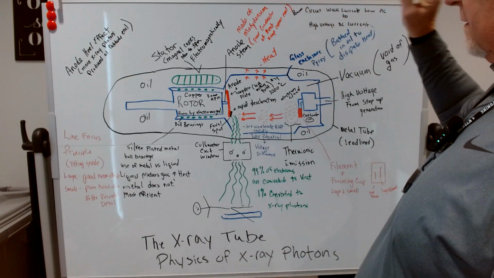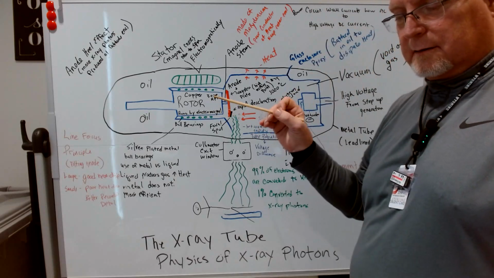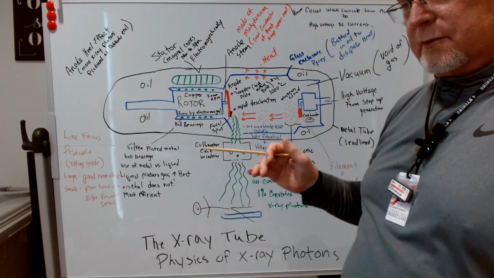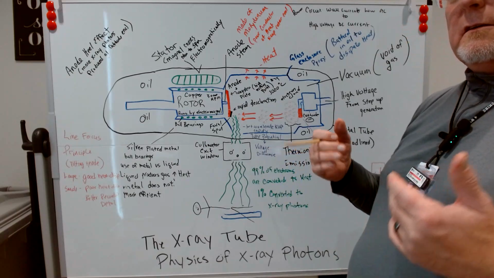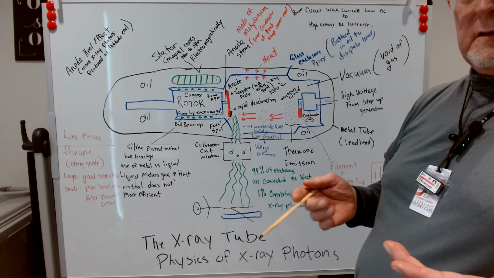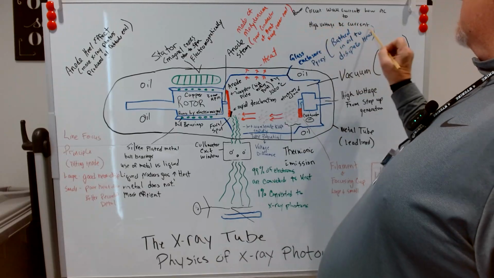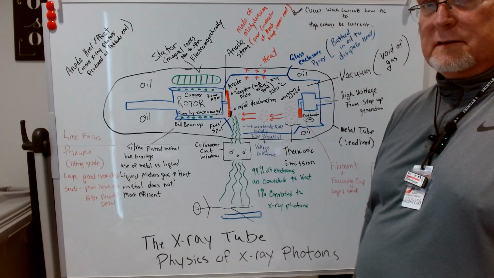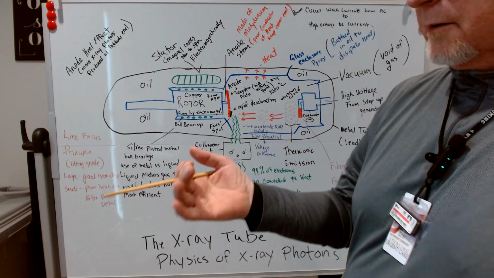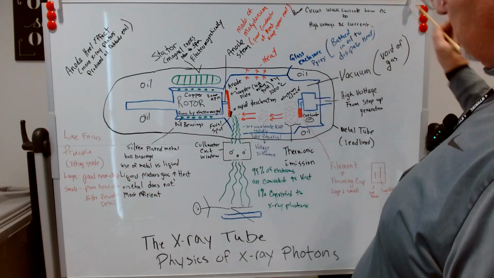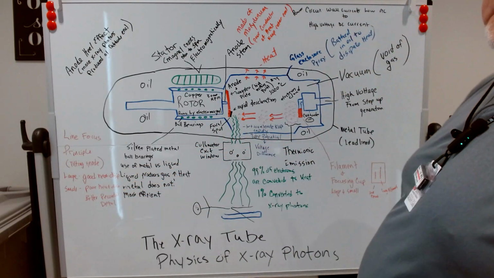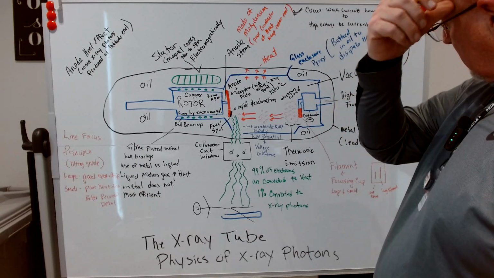The wall sends electricity to that generator. That generator changes the alternating current to a direct current and much more power, much higher voltage. Once that higher voltage is achieved, it sends it over to the X-ray tube.